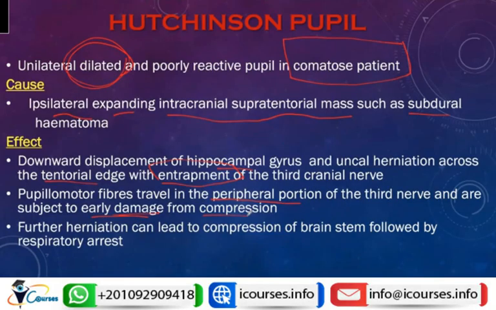So they can even be damaged before the center itself. Further herniation will lead to compression of the brainstem, followed by respiratory arrest due to damage of the respiratory center. So if you find a patient with pupillary dilatation while examining in the ICU, please be aware of the Hutchinson pupil.